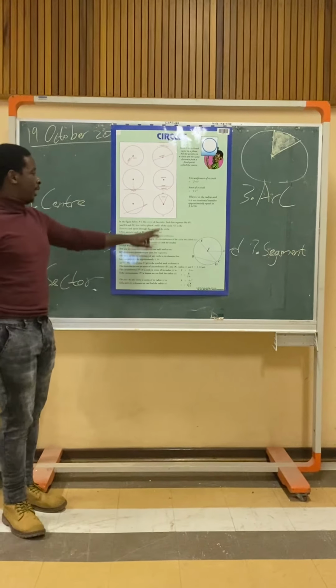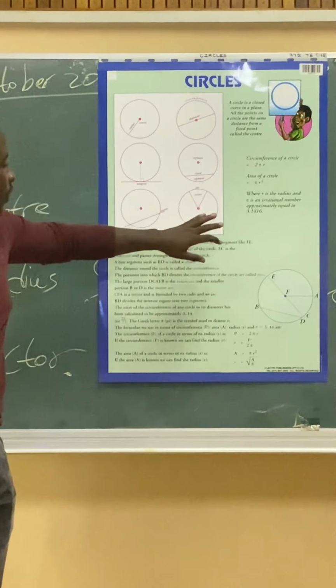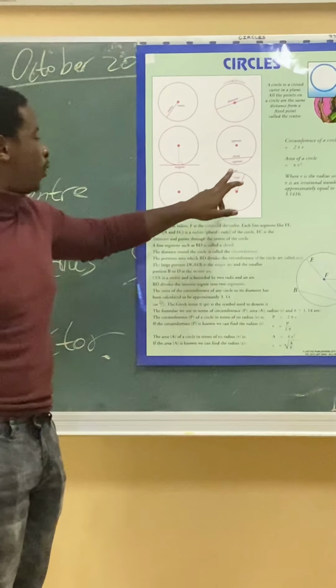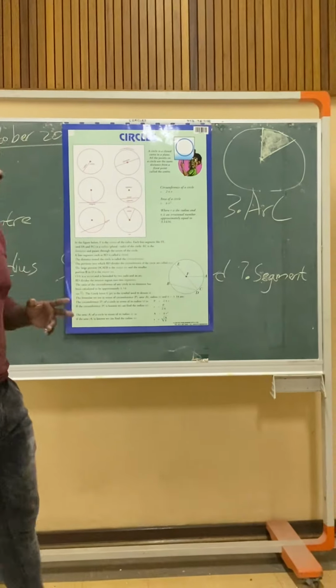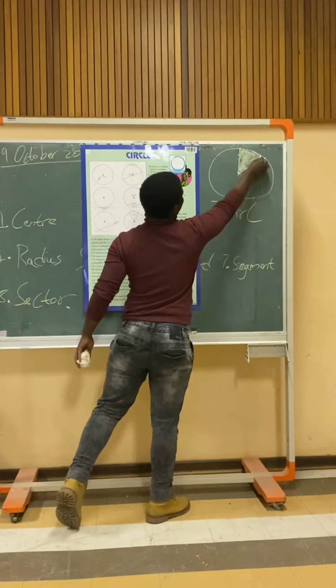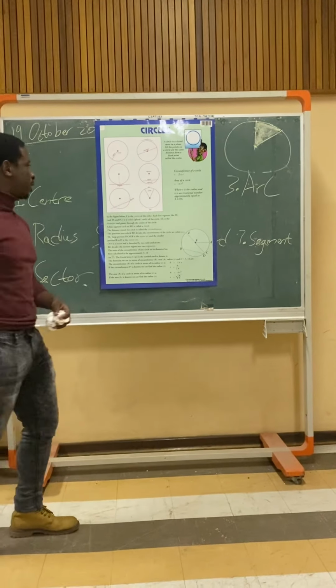One point from the circumference to the center and another point from the circumference to the center create two radii. And this part we say it's a sector.